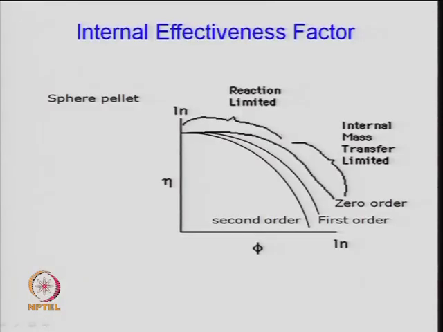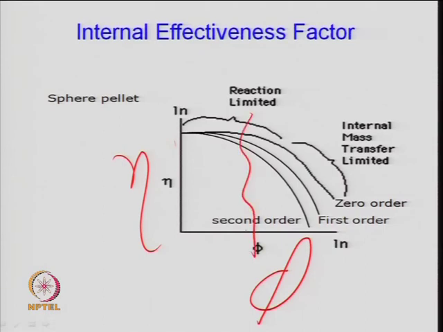So, now I have discussed the effectiveness factor. One can see that for a spherical pellet, or any pellet in fact, the effectiveness factor eta, as a function of phi, goes like this. At a smaller value of phi, what I said as the initial value, the eta is nearly 1, approaching 1.